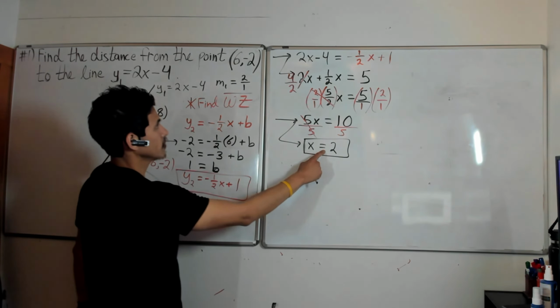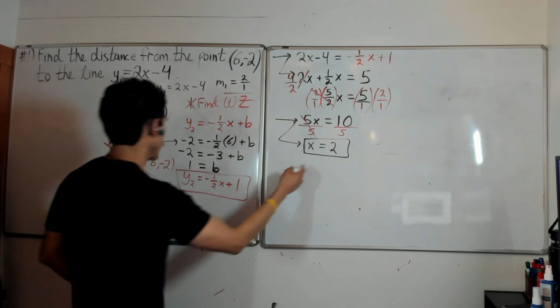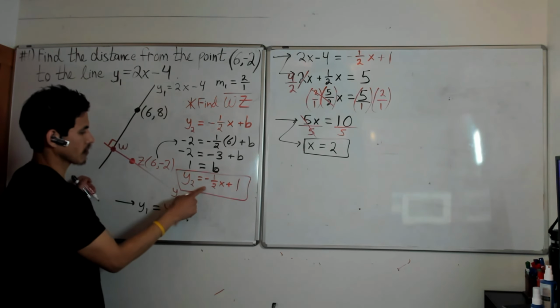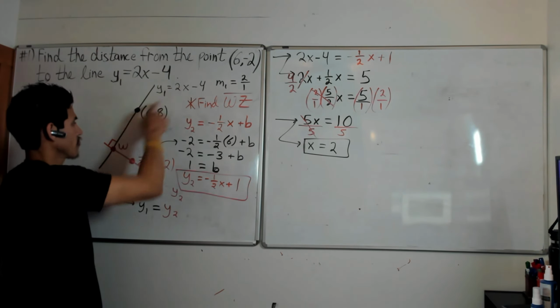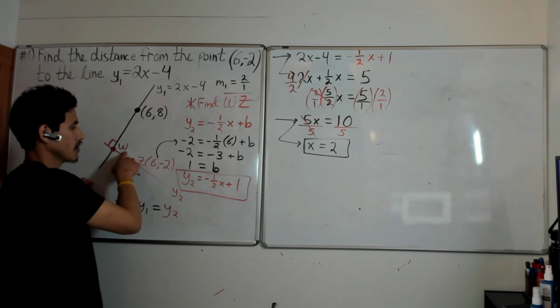Now, if x is equal to 2, we can find y by simply plugging in 2 into either the y2 or the y1 equation. It doesn't actually matter because they're both going to be the same at this point.